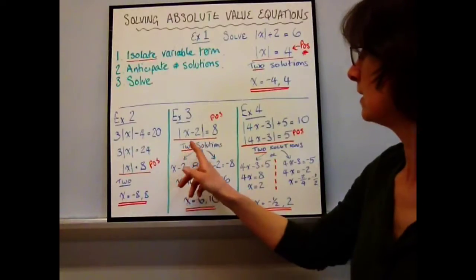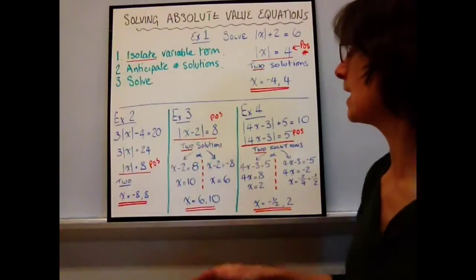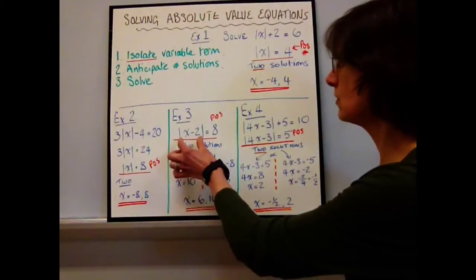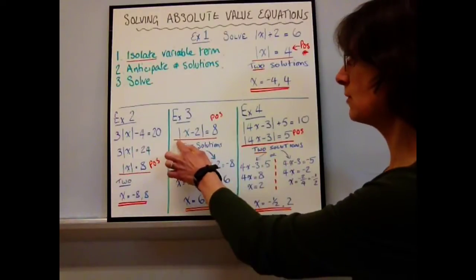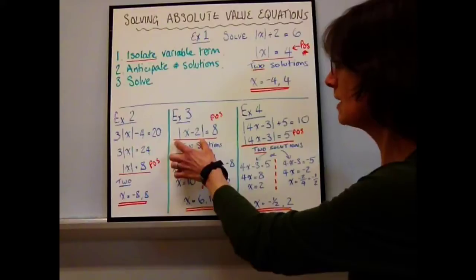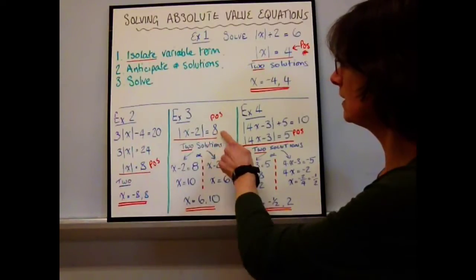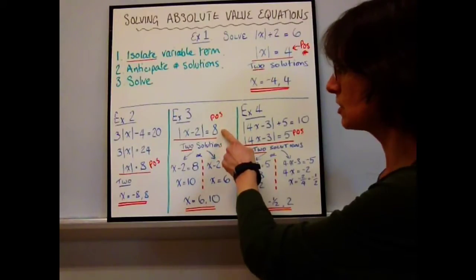Example number 3. This is different to what we might have seen before. This says the absolute value of x minus 2 is equal to 8. So here the variable term is on its own in the absolute value. But now we've got to think, well, this 8 tells us it's positive, so there are two solutions.